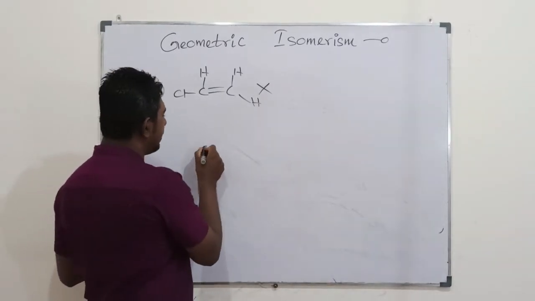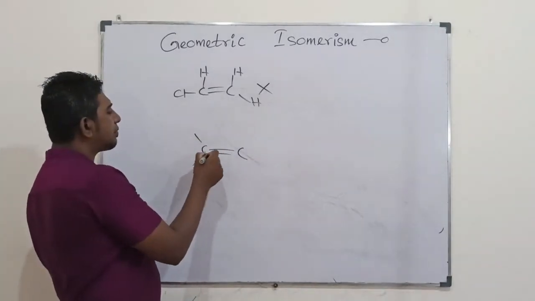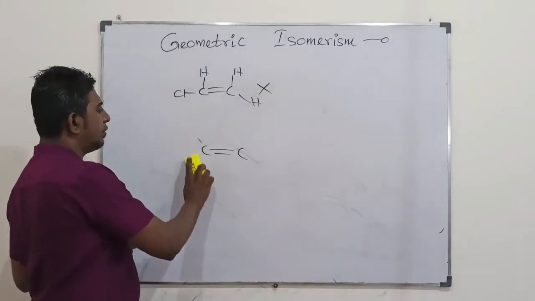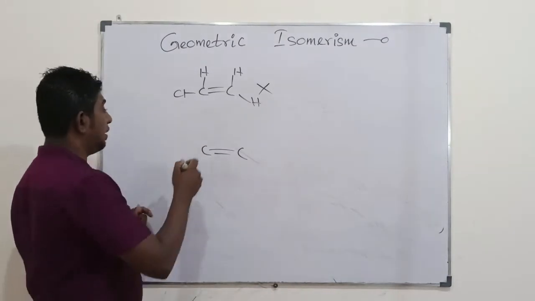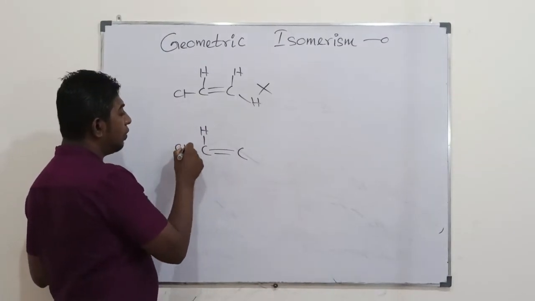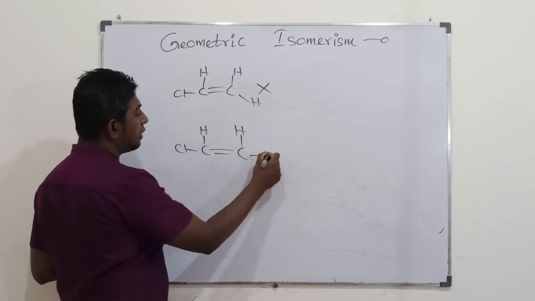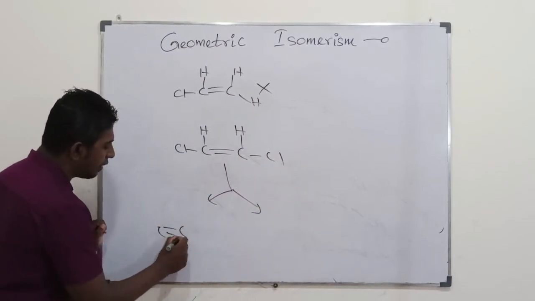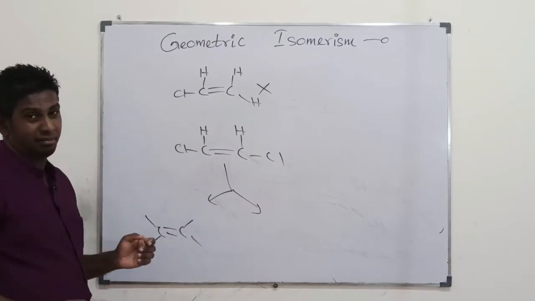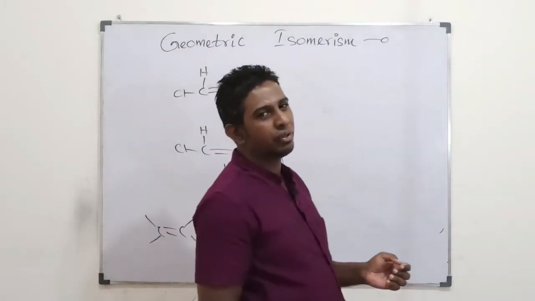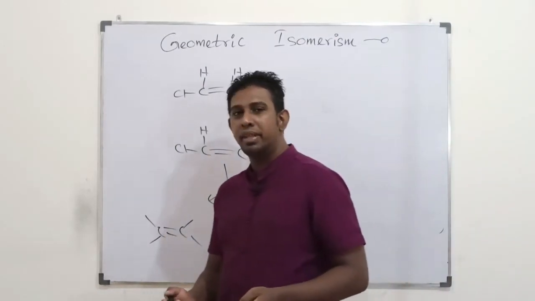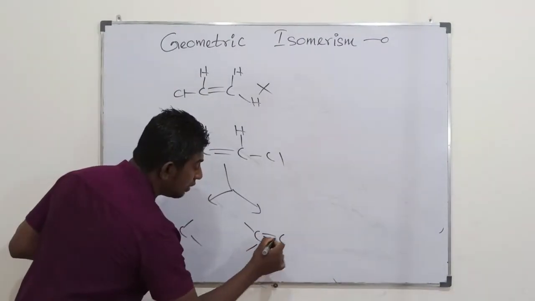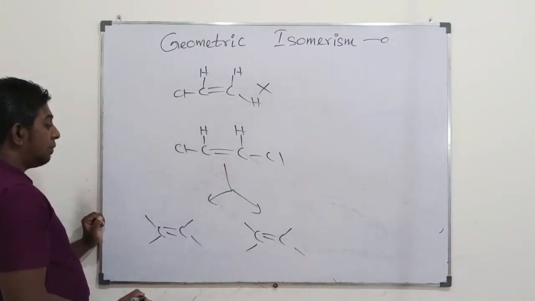Then students, let's not draw it in the three-dimensional way. So it's just the Lewis structure. When you take chlorine, hydrogen, chlorine, this could exist in two ways. It's having those geometric isomers. So then it exhibits geometric isomerism around this two carbon with a double bond.